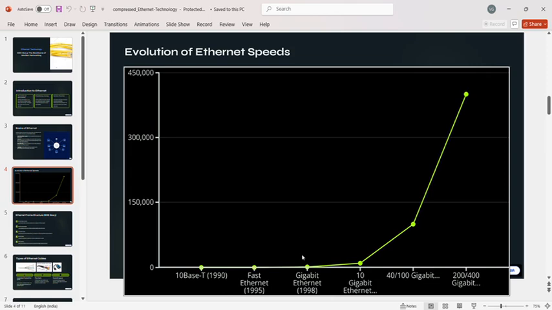Then the speed increased 10 times to 10 gigabit Ethernet, and after a few years it was upgraded to 100 gigabit and up to 400 gigabits. It has not stopped there. It keeps being upgraded. In future it may exceed 800 Gbps speed.